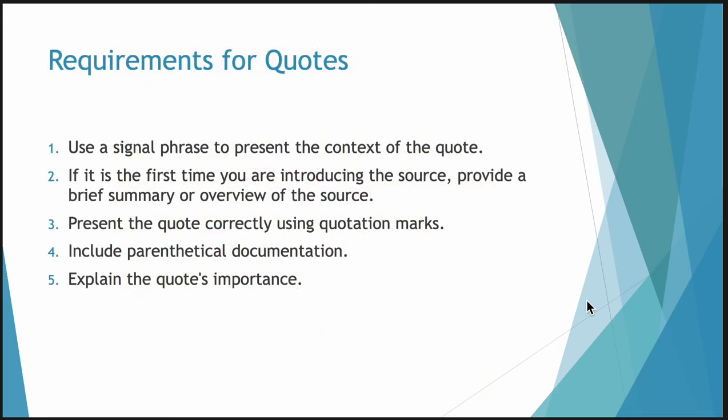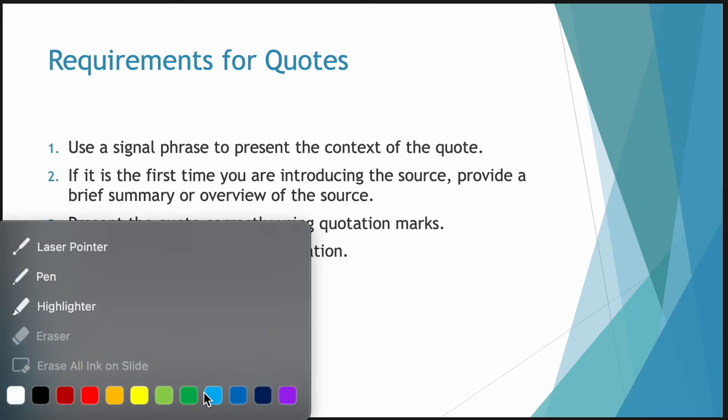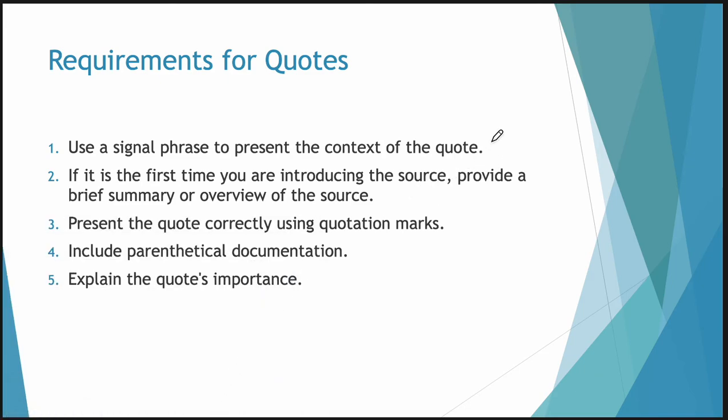So the first thing that you're going to be doing is you're going to use a signal phrase in order to present the context of the quote. Remember, signal phrases are some sort of identifying information and then also an action verb that describes what the quote is doing. So writes, argues, presents, informs, adds to, something like that.